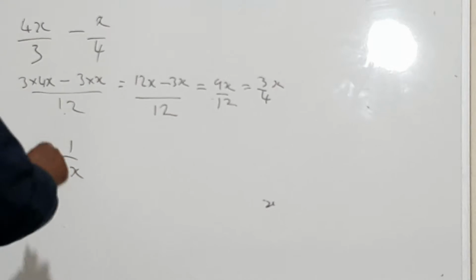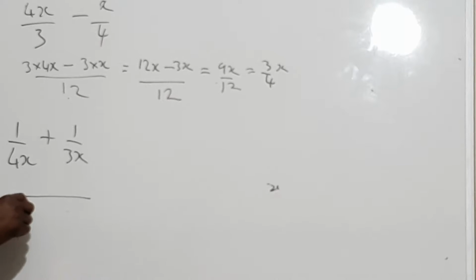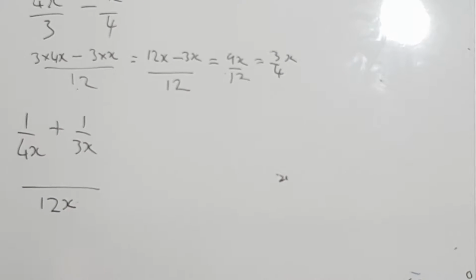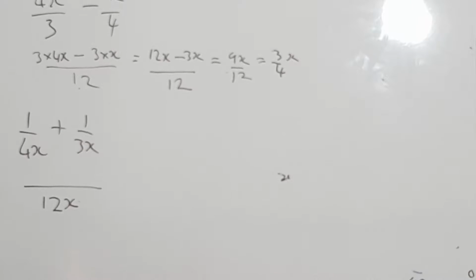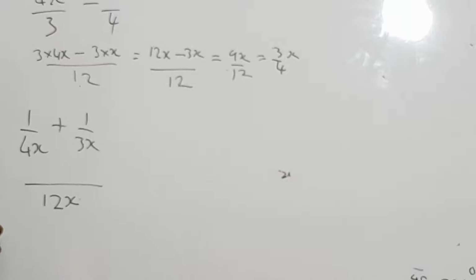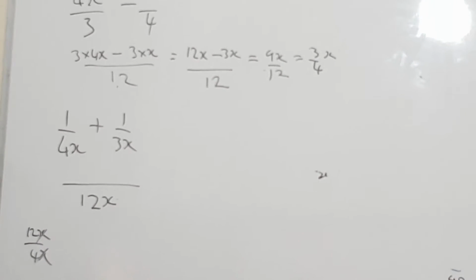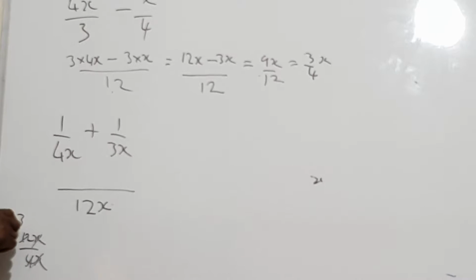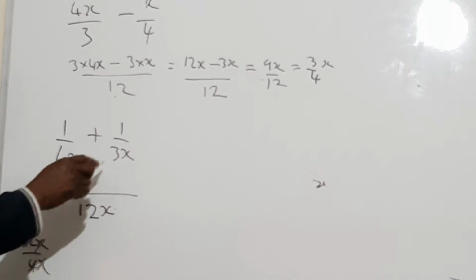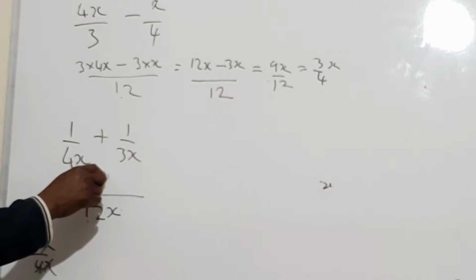The common multiple will be 12x, not x squared, 12x, because they can both go to 12x. 12x divided by 4x, x cancels x. 4 into 12, how many times? 3 times. 3 times 1 will be 3. 3x into 12x will be 4 times. 4 times 1 will be 4.